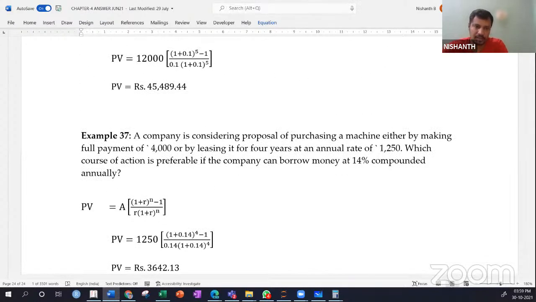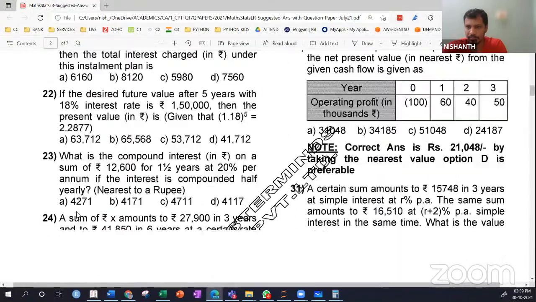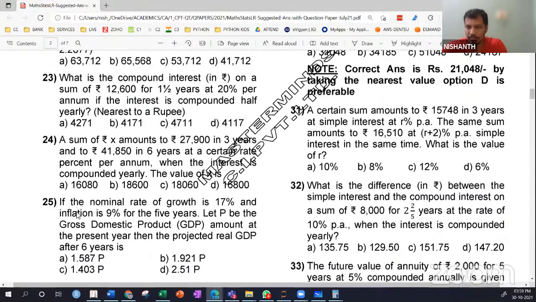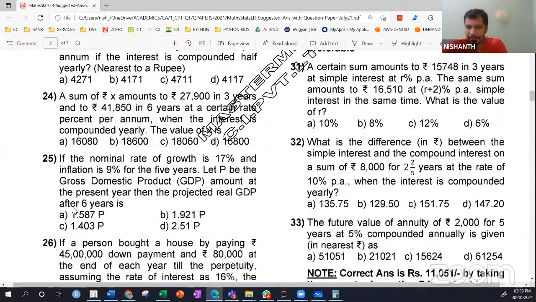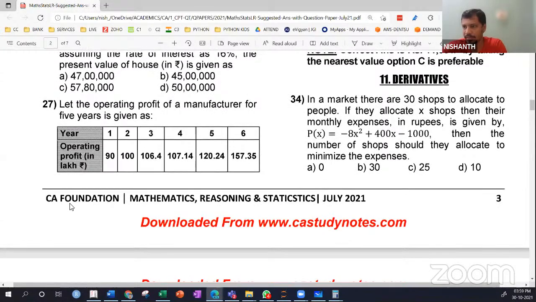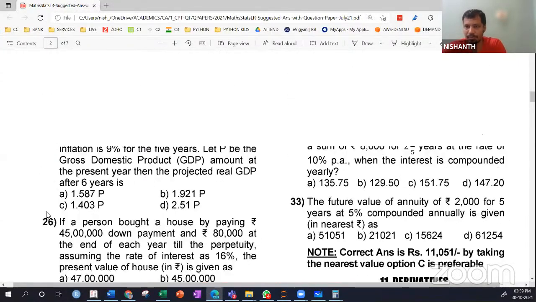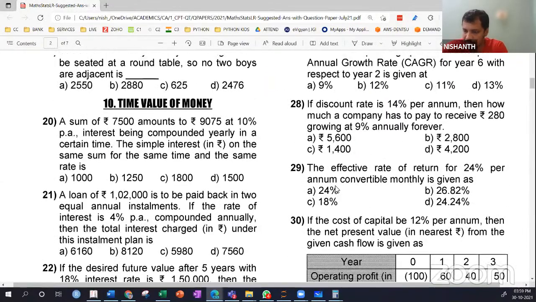Okay, so let's solve a few problems here. There are many problems here. So they have given some 10 problems.